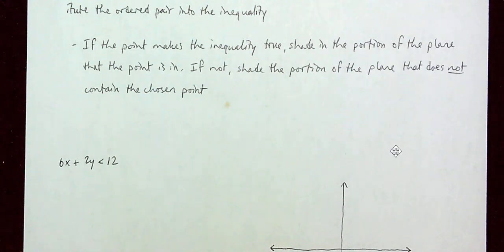You then do the same thing with your next curve. You pick possibly the same point, or you pick some other point that lies on either side of your curve. You plug it in. If it makes it true, then you shade in that portion of the plane where the point was in. If it makes it false, you shade in the portion of the plane where the point is not in.